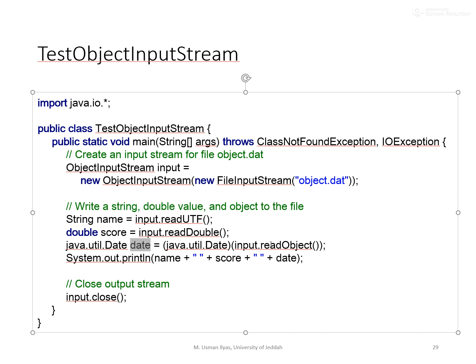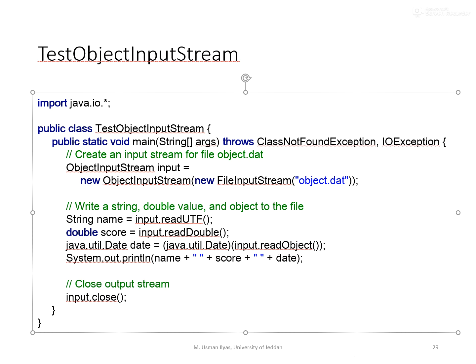We store that in a new object that we create over here, date with a small d. So now we have the values read in from the file in these three variables: name, score, and date, and we print them out to screen to demonstrate that we actually read this information from the file.